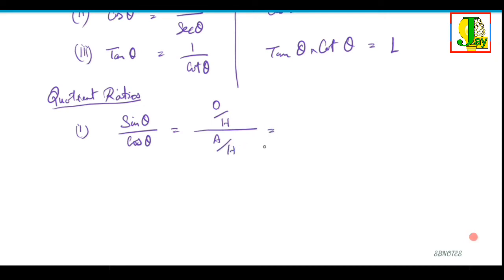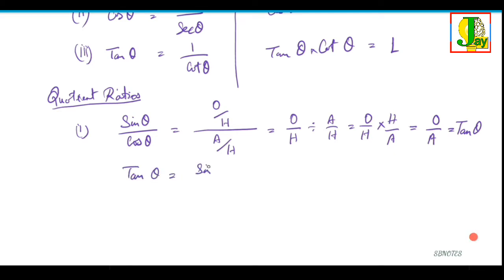Okay, so if you do it, opposite by hypotenuse divided by adjacent by hypotenuse, that's opposite by hypotenuse into hypotenuse by adjacent. So you get opposite by adjacent, and that means tan theta. So this is the first relation, tan theta equals sin theta by cos theta.